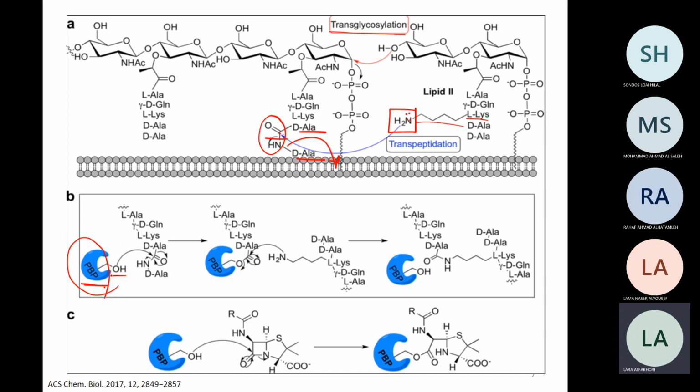The enzyme has a serine residue that will itself attack the amide bond and the terminal alanine is released. Now the enzyme itself is bound to the carbonyl of the penultimate alanine via an ester bond, which is more electrophilic, which will make it easy now for the nitrogen of the lysine or the glycine bridge to attack that ester, and this bond breaks. The enzyme returns free and the peptide bond forms between the different stems, giving rise to transpeptidation.